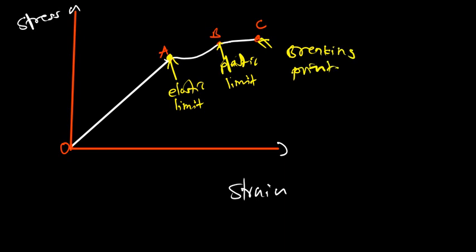So now we first have to understand what these things are. I'm going to give you an example. Let's assume that we have a spring, and I stretch it to the maximum point. If I reach the elastic limit, the moment I release the spring, it definitely has to come back to its original position.